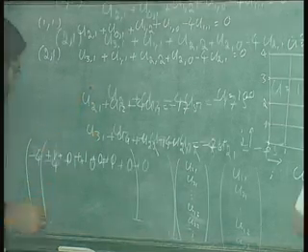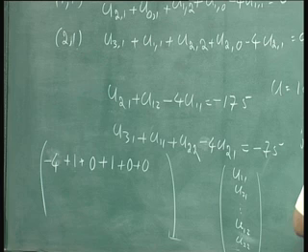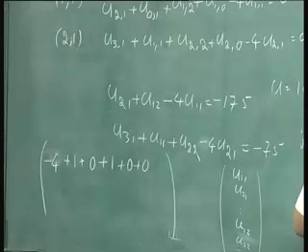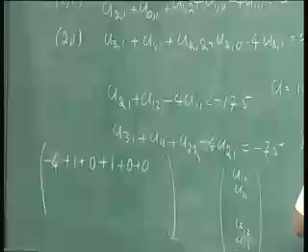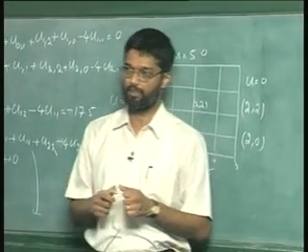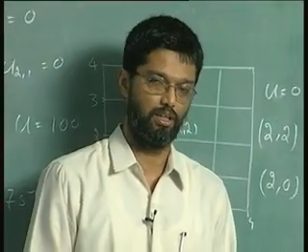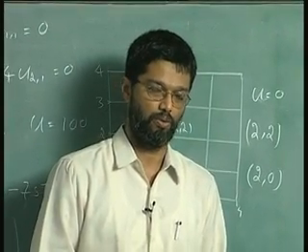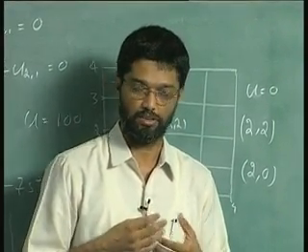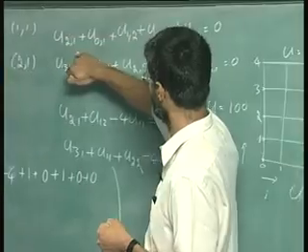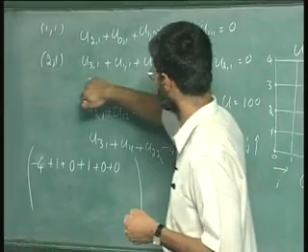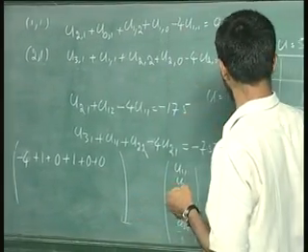Let me summarize this once again by writing it here. When we write the differential equation in the difference equation form, we will be writing equations of this type, one for every point on this lattice.